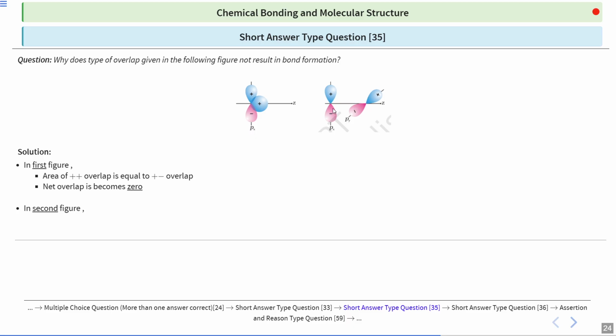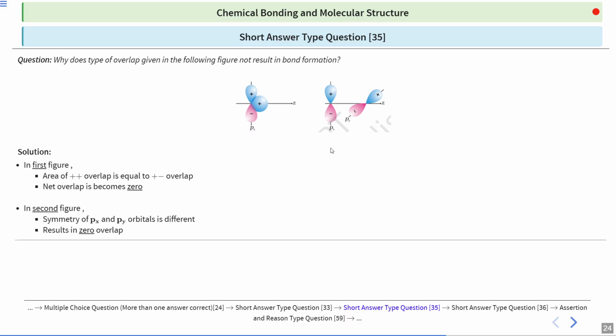When the negative part comes here, there will be no lobe oriented in this direction. Think about it as crossed lines: if you take two axes, they will never overlap with each other. As a result, the symmetry of px and py is very different, and they will result in 0 overlap. I guess this is clear to you.